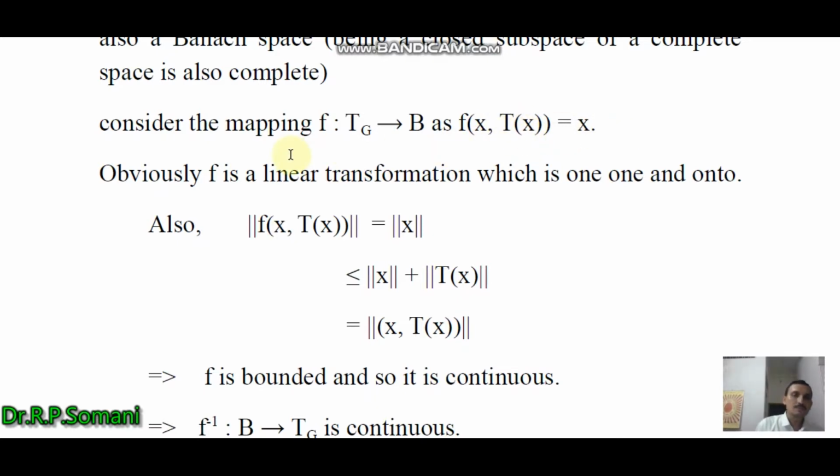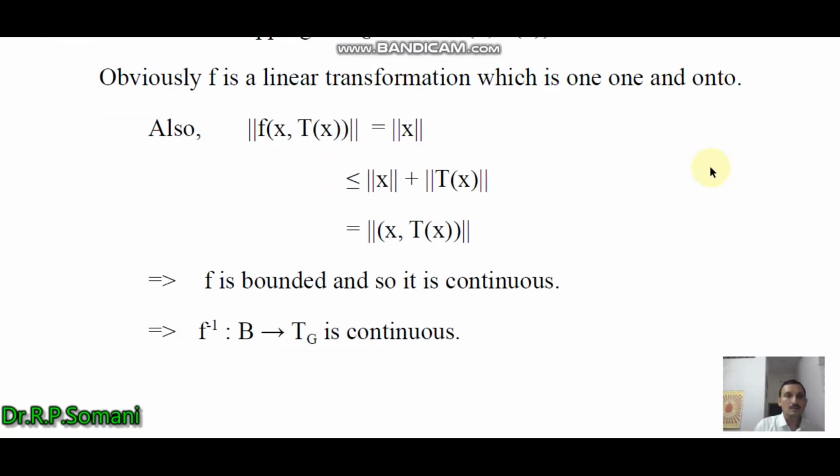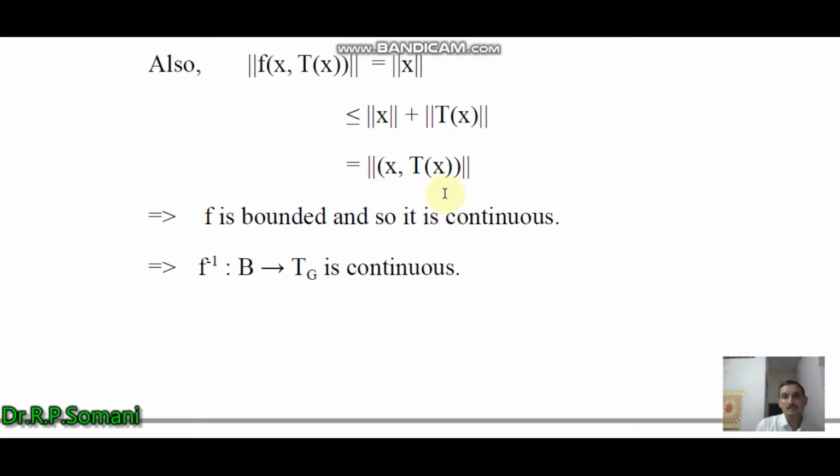Then obviously f is a linear transformation which is one-one and onto. Also the norm of f(x, Tx) equals norm x by definition of f, and then this is less than or equal to norm x plus norm of Tx, which is equal to the norm of (x, Tx) by definition of the norm of this ordered pair.